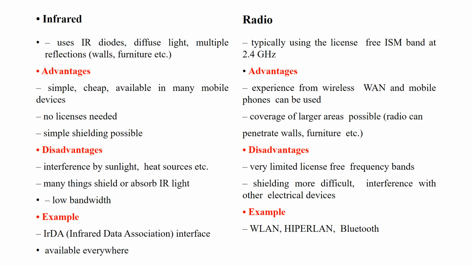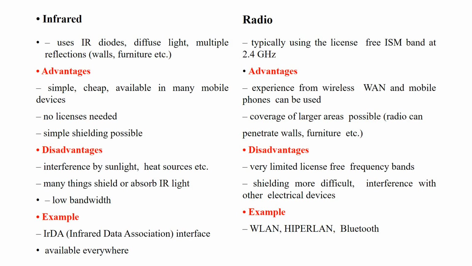Shielding is very simple. Coming to the disadvantages: interference from sunlight and heat sources. Many things could absorb the infrared easily, and it is of low bandwidth. The real-time example which I've already stated is the remote control, all the remote control devices. Coming to radio, it uses the license-free ISM band operating at 2.4 gigahertz.